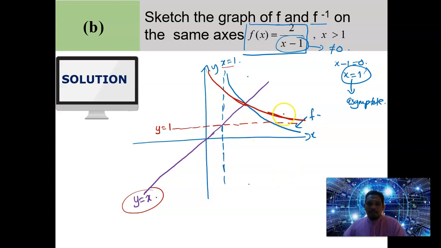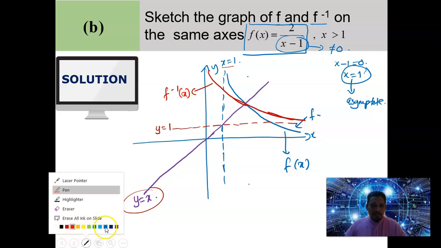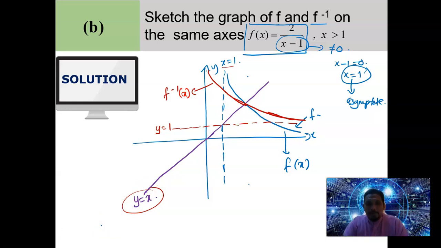This red line represents f inverse, and this line represents f(x). Okay, there you go.